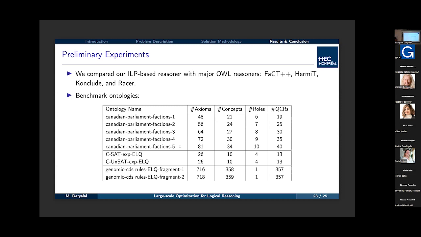It includes the PMs and everyone for every one of the provinces. It has a lot of QCR relationships, so even this many is a lot for those tableau algorithms because they do it repeatedly. These two are synthetic, for checking whether something is unsatisfiable. And these two are also variations of a real ontology on genomics.